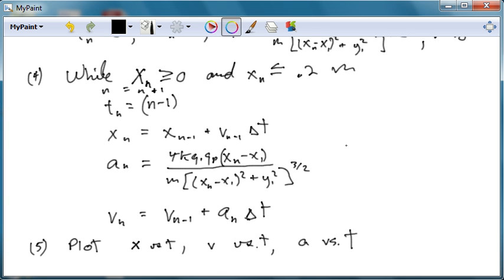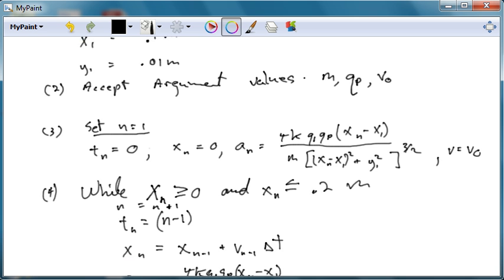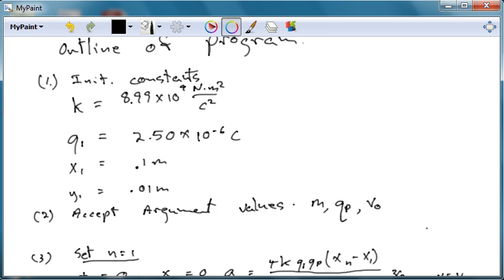So make sure we use that subplot command for that. But that's all we got to do. So this is just an outline. It's not the MATLAB code to do it, but an outline of the program.